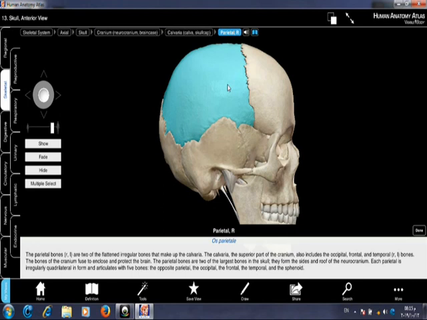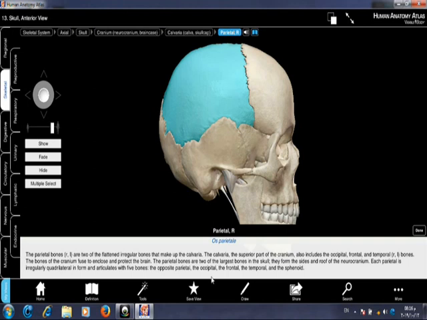So the parietal bones, right and left, are two of the flattened irregular bones that make up the calvaria. The calvaria is the superior part of the cranium, and also includes the occipital, frontal, and temporal bones. The bones of the cranium enclose and protect the brain. The parietal bones are two of the largest bones of the skull.